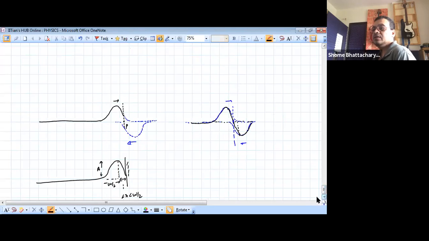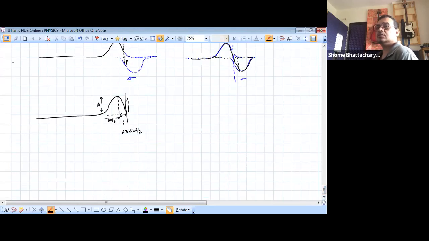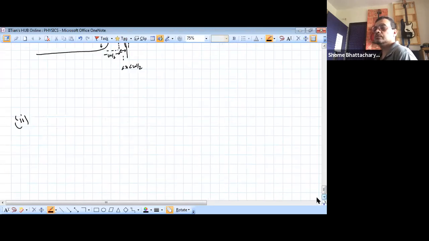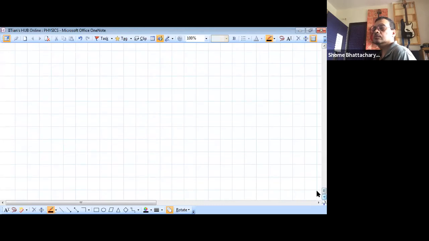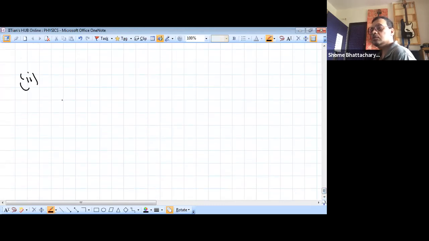Now next diagram, so let's say this was our picture 1. Now our picture 2, it's come even closer. So now in the second picture, let's say the wall is somewhere here.